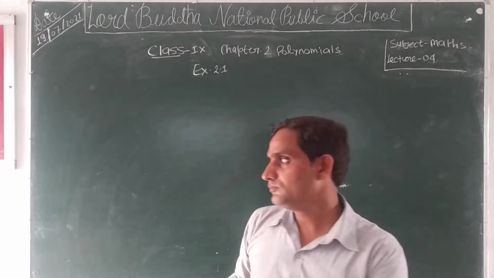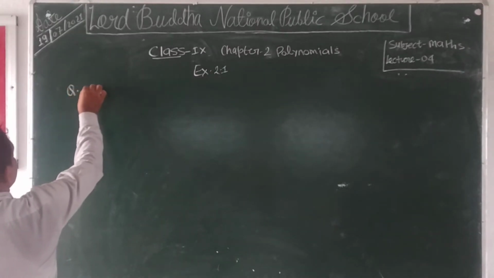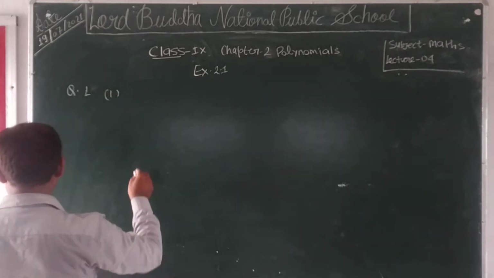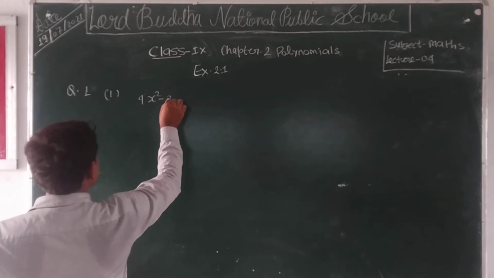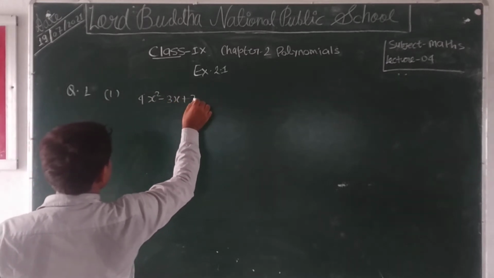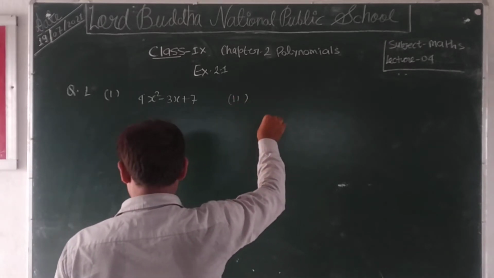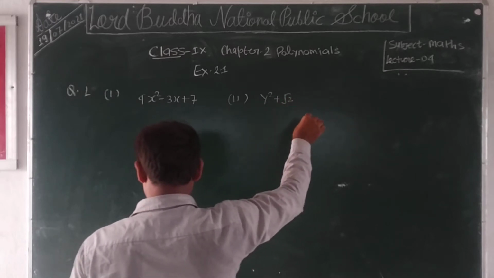Clear? The first part of question 1 is 4x square minus 3x plus 10. Second part is y square plus root 2.